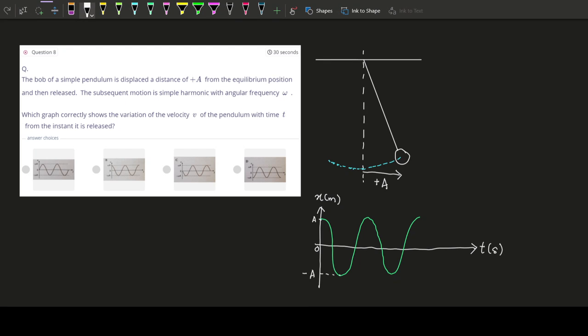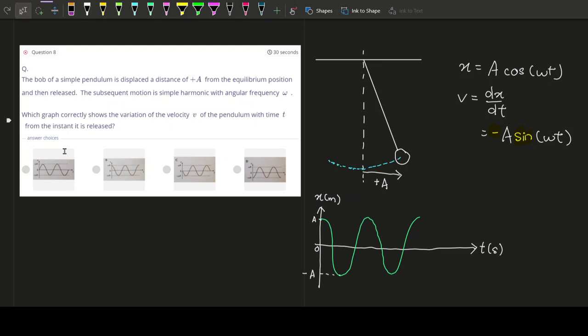Then you can say x equals A cos omega t. Velocity is just differentiating this x, and you get negative A omega sine omega t. Differentiating cos, you get negative sine. So you can see that the graph will be a negative sine graph. Which one is a negative sine graph?